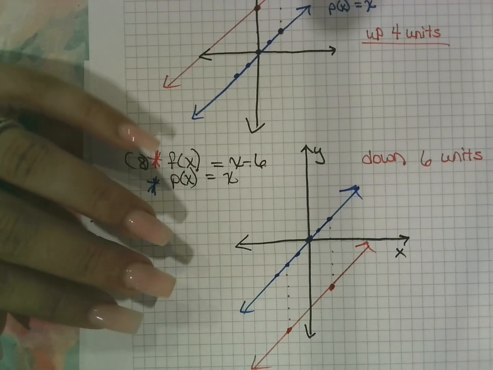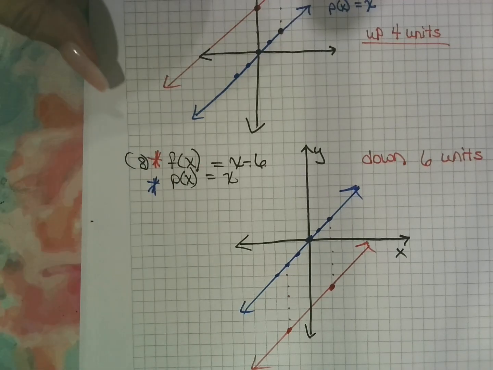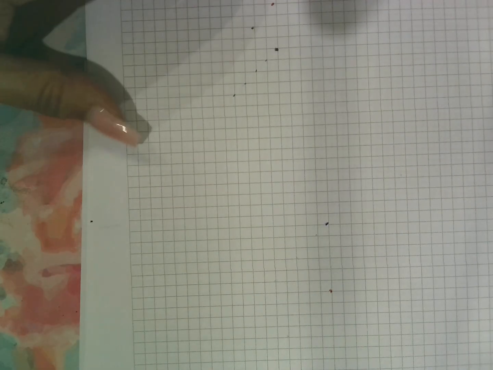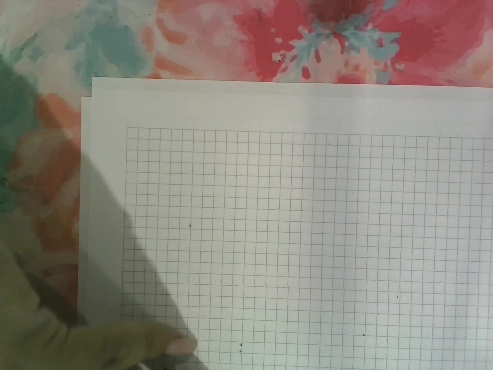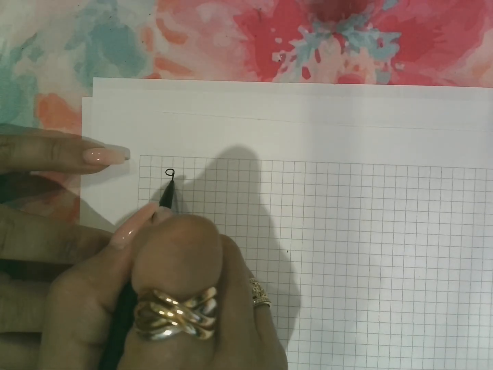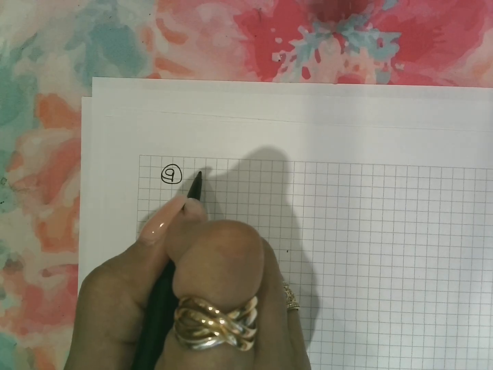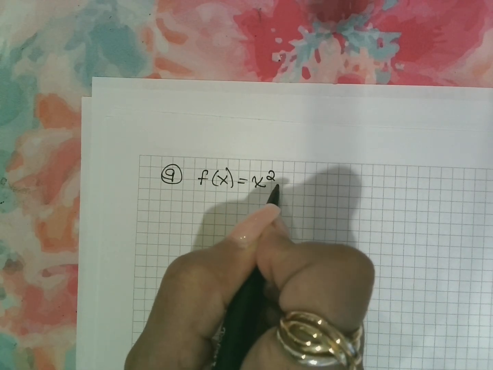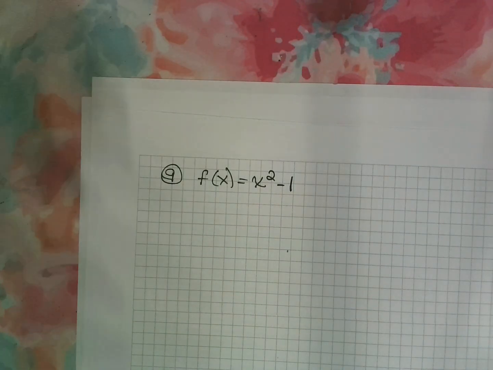Okay. Let's take a look at number 9. So these are all linear. Let's see if I can get paper that doesn't have ink marks on it yet. Here we have number 9. We have f of x equals x squared minus 1. This is not a linear function.